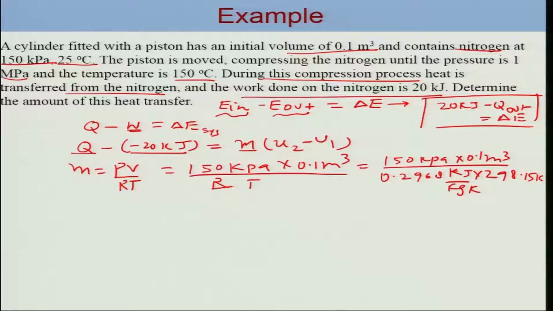This is the R value from the table, and based on that the value comes out to be 0.165 kg. So mass we know.